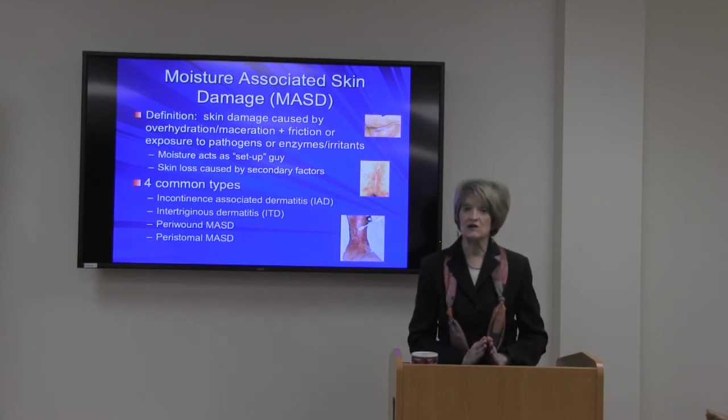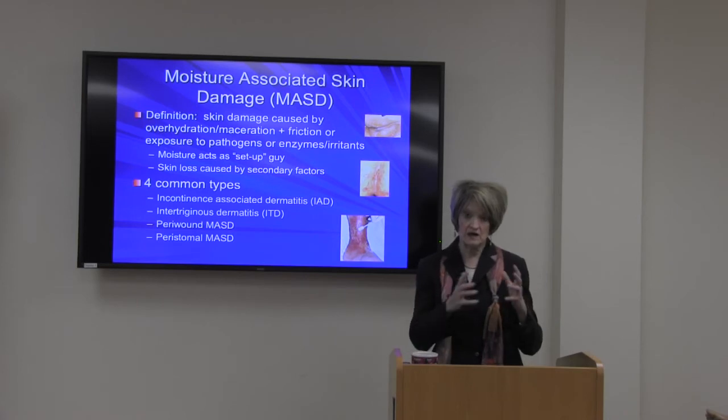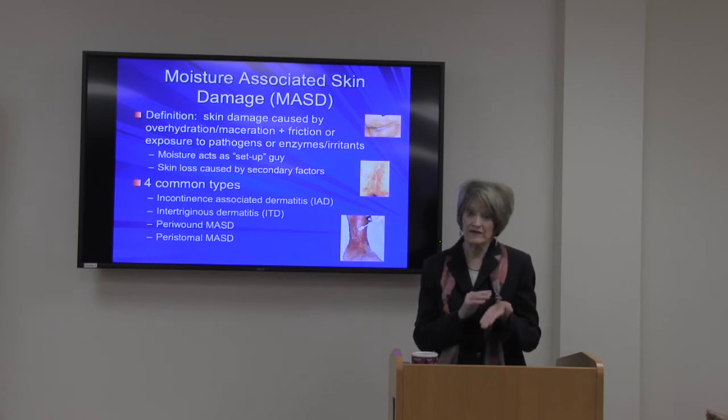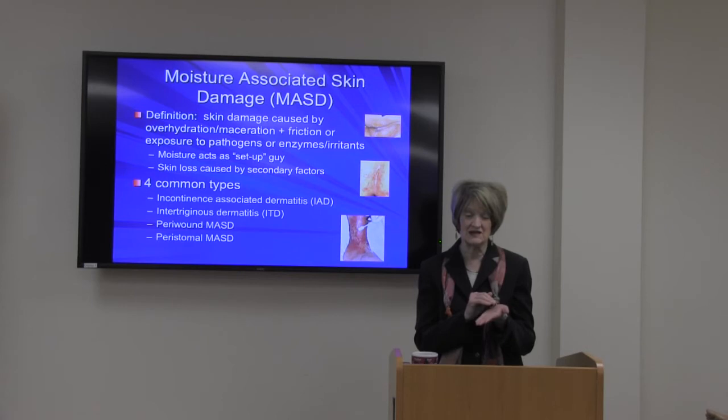What happens here is that when the skin becomes overhydrated, it becomes extremely vulnerable. So you get skin that's overhydrated, it's macerated, it's waterlogged, and then you can get actual skin loss if that overhydrated skin is exposed to friction, is exposed to enzymes, is exposed to irritants, is exposed to pathogens. Because overhydrated skin has very low tensile strength.